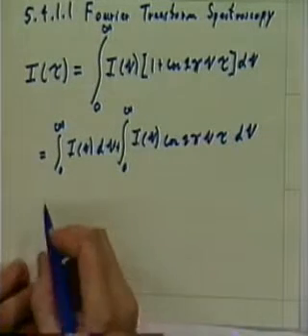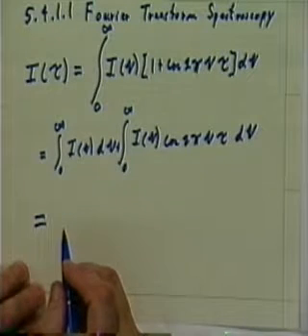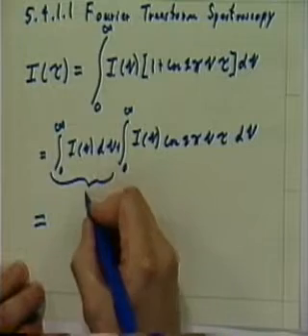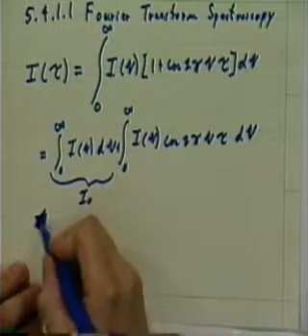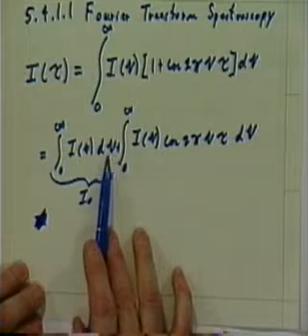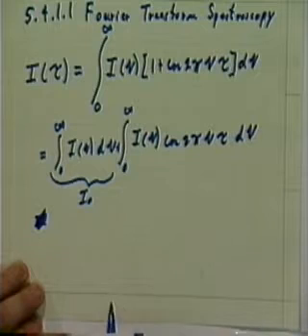And then we could rewrite that as, well, let's just call this first integral here I naught. It's just the integral of all the frequencies, intensities, over all frequency. So we'll just call that I nu.